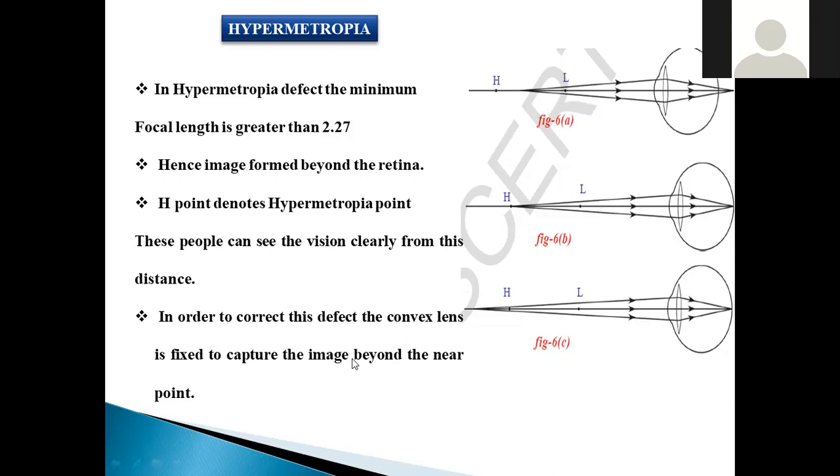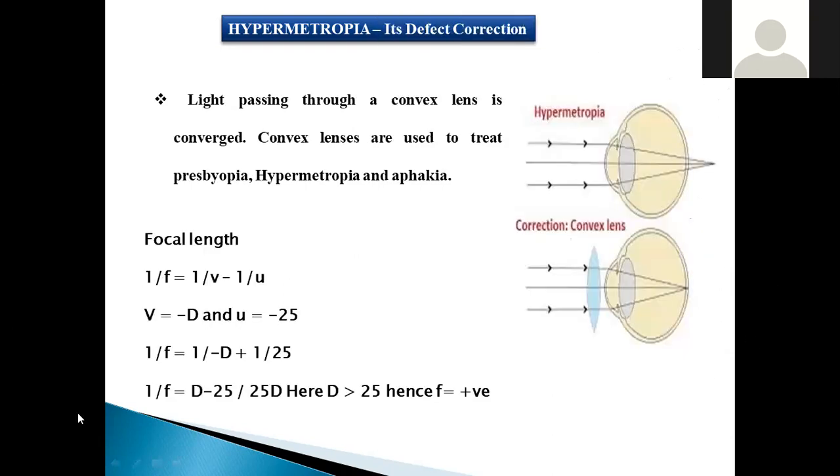In order to correct this kind of defect, we have to use a suitable lens, which is called a convex lens. Here, we need a convex lens in order to move the image from behind the retina onto the retina, right? Here it is very clearly shown. In hypermetropia patients, in the first condition the image falls behind the retina.